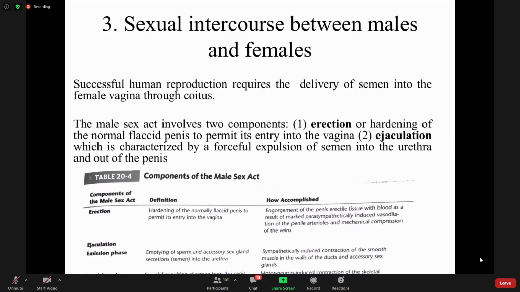Thus, a small stimulation will lead to the erection of the penis. The second act that is facilitated by the external male genitalia is ejaculation, and basically the expulsion of the semen from the ejaculatory duct to the outside environment.